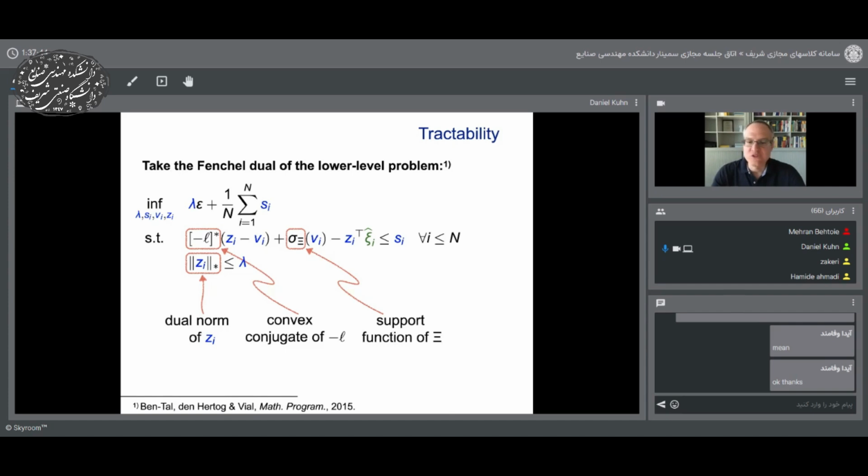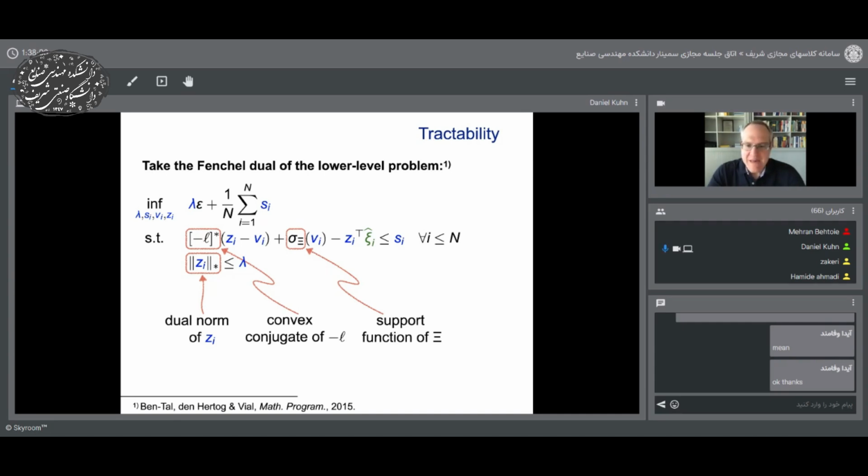This maximization problem can be dualized, and it then becomes a minimization problem. In doing so, we pick up some additional dual variables, which are denoted by Zi and Vi here. I skipped the details, but that's a well-known technique from a recent paper by Aharon Ben-Tal, Dick den Hertog, and Jean-Philippe Vial.